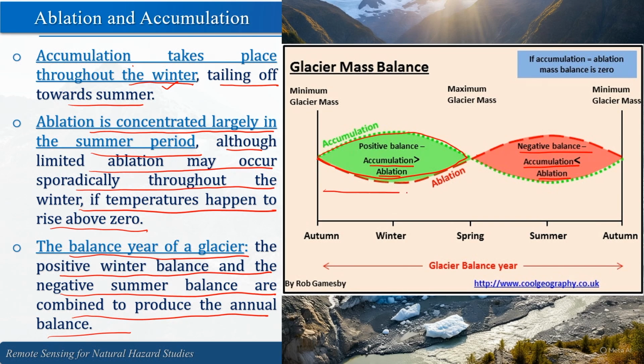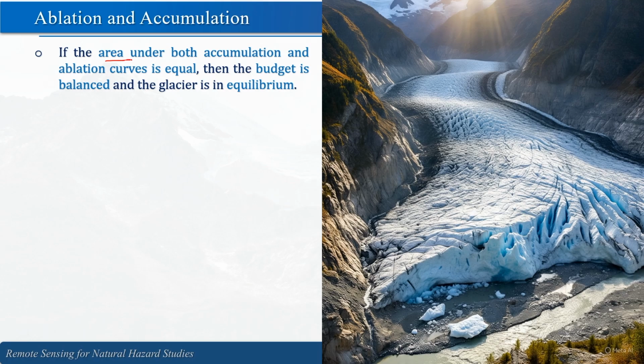If you see this particular graph, both remain the same at these points because the amounts of accumulation and ablation cancel each other. Because of that there will be no net change in the snow accumulation in this area. If the area under both the accumulation and ablation curves is equal, then the budget is balanced and the glacier is in equilibrium. There is no major change happening in this particular stock.